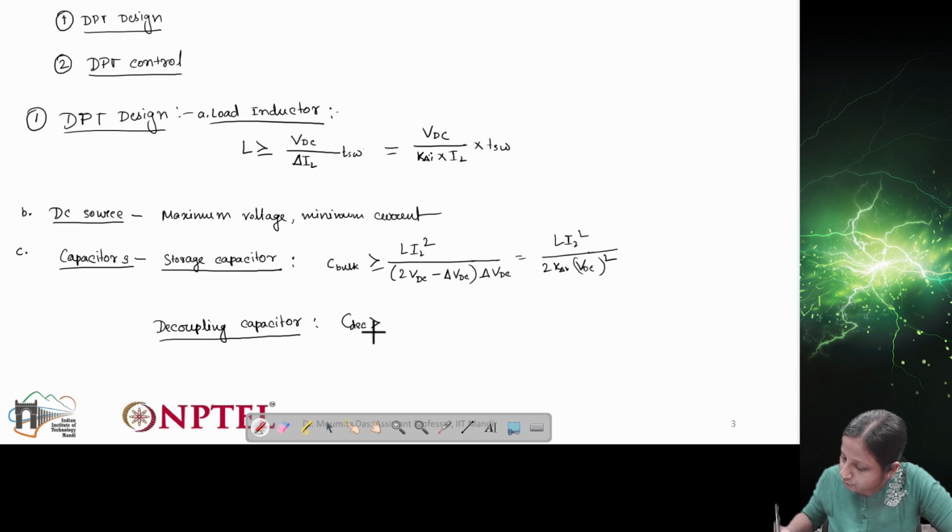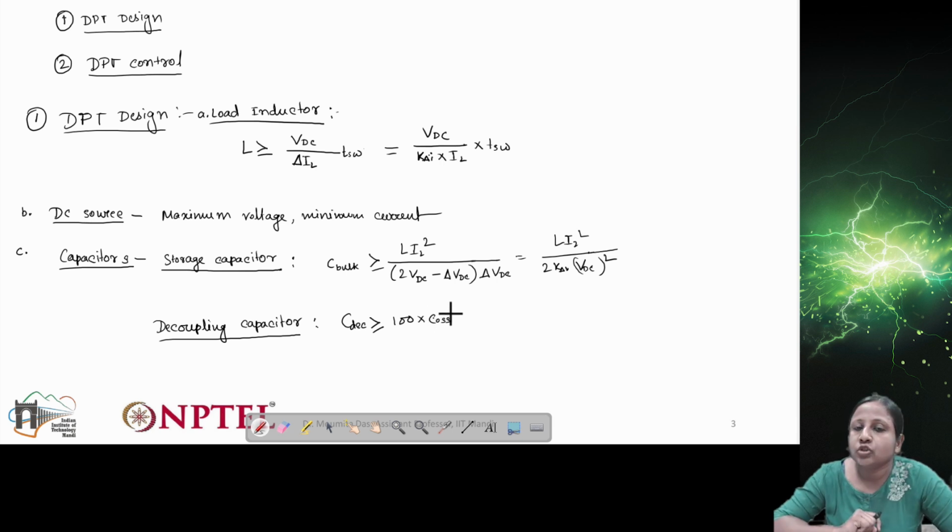This value should be more than or equal to 100 times the output capacitor of the device. The output capacitor is generally given in the data sheet. Once we have the information about the output capacitor, we can select the decoupling capacitor required for the test. Whatever we calculate, the selection should be more than that value.